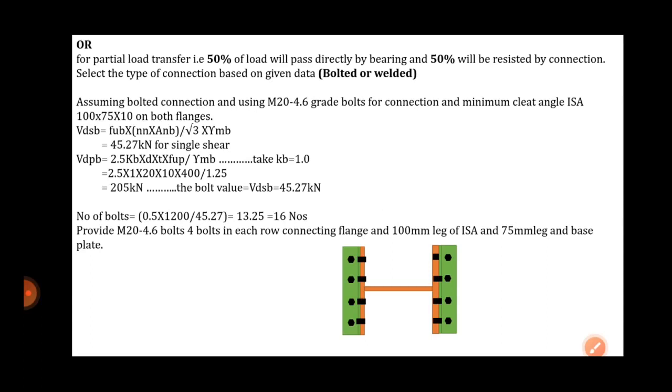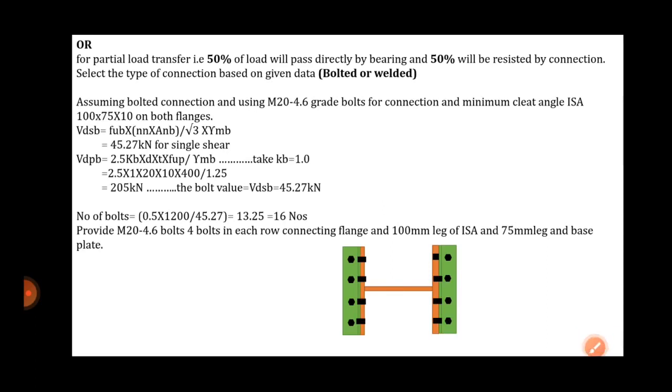I have assumed 4.6 grade of bolt connected by a minimum cleat angle of 100 by 75 by 10 mm on both sides of the flanges. If you observe in the diagram, this orange part is our column section and the green part is nothing but the cleat angle.